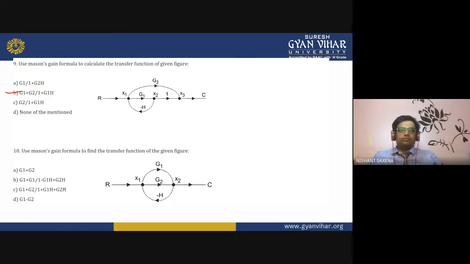The transfer function would be G1, G2, and minus H. G1 plus G2 upon 1 plus, 1 loop is this one, and another is this one. So there are two feedback loops. So it will be G1 plus G2 upon 1 plus G1H plus G2H.